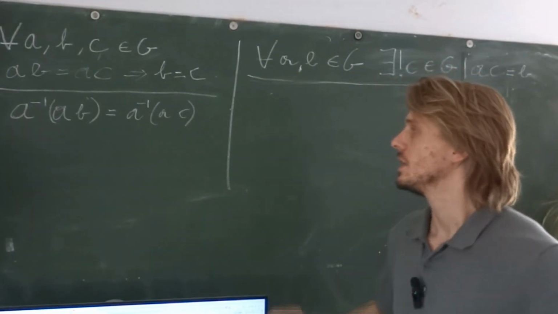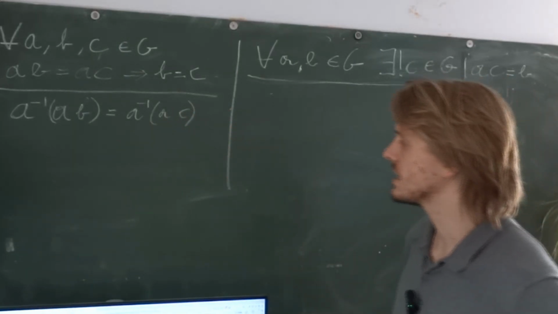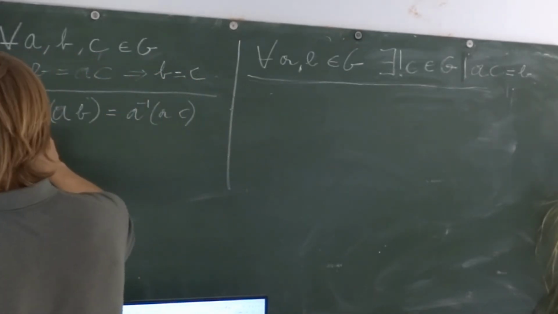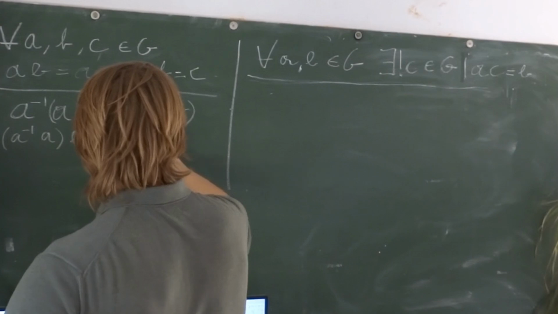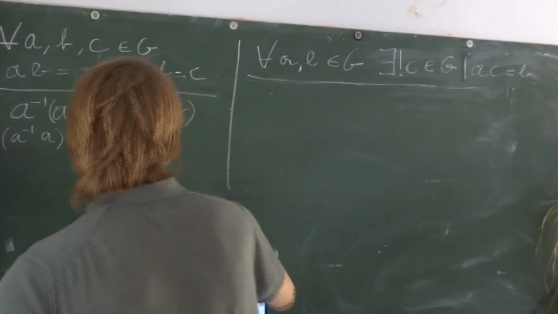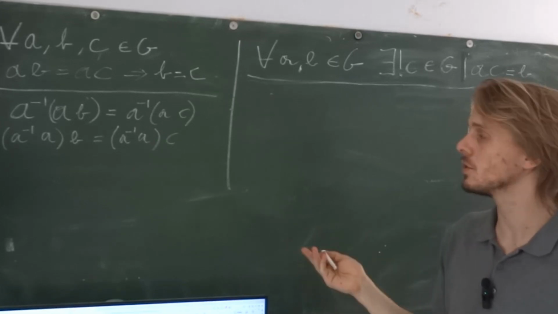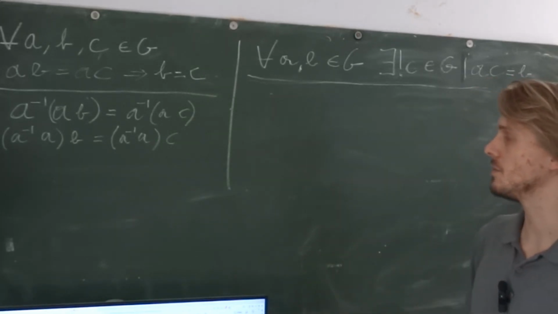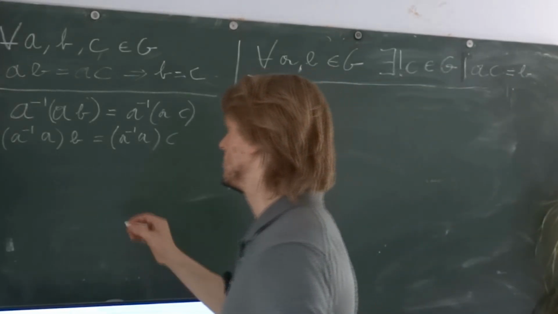Okay. Now, due to associativity, we can move the brackets here. Okay, now due to the property of the inverse, the elements within the brackets become the unit element.